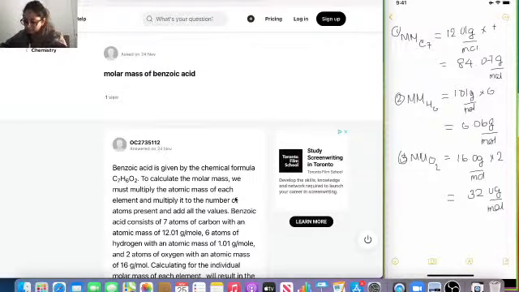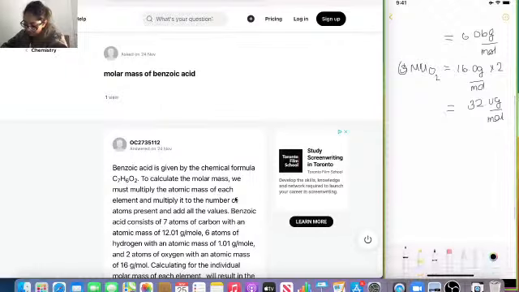Now what we're going to do is add this all together. The molar mass of C6H6O2 would be 84.07 plus 6.06 plus 32.0.